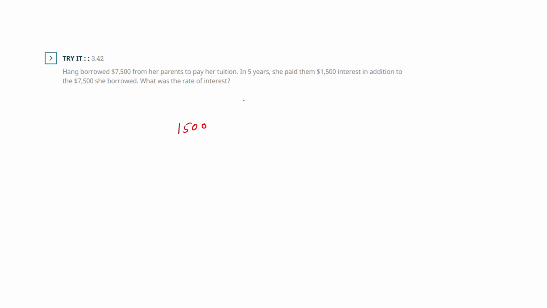Okay, so here's my interest. So pause this if you want to try it yourself. I'm doing I equals PRT again. Rate, my time is 5 years. Okay, so it's talked about like a loan, but it's the same idea. They're borrowing it, but the parents are making $1,500, so it doesn't matter which way you think of it. It's still the same thing.